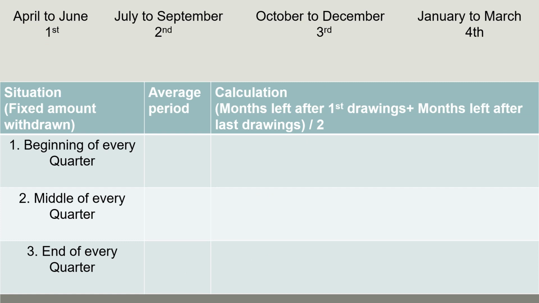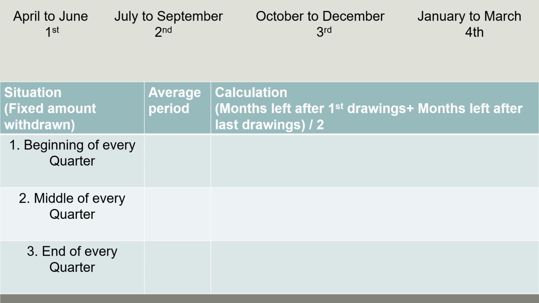Now basically there are 12 months in a financial year, the accounting period from April to March. So we are going to divide that entire 12 months into 4 quarters. Quarters means divided by 4. So each quarter is going to be of 3 months. First quarter is from April to June, second quarter from July to September, third quarter from October to December, and the fourth quarter is from January to March.